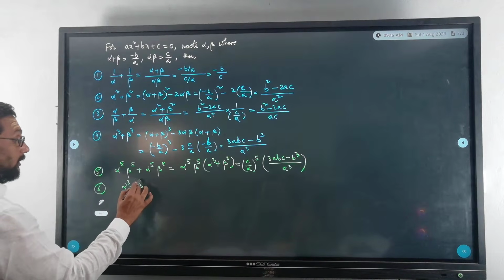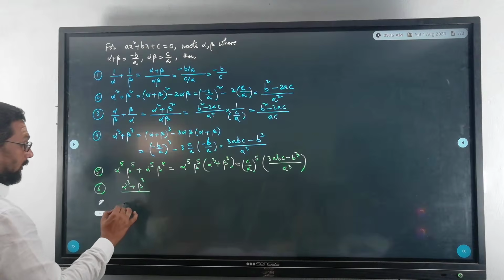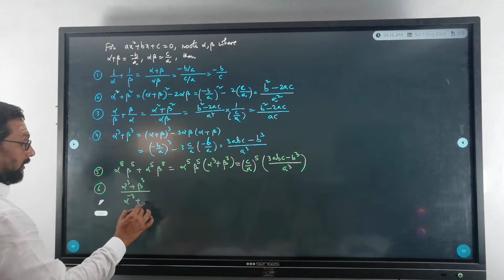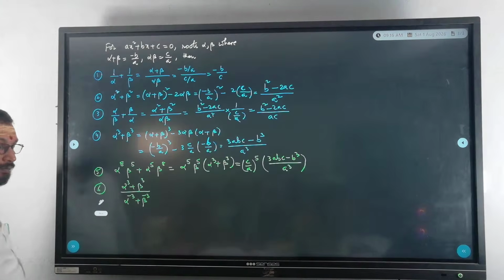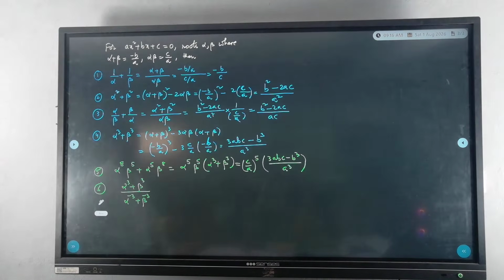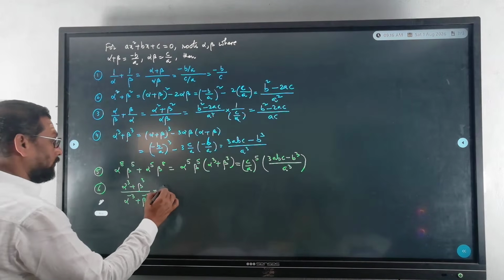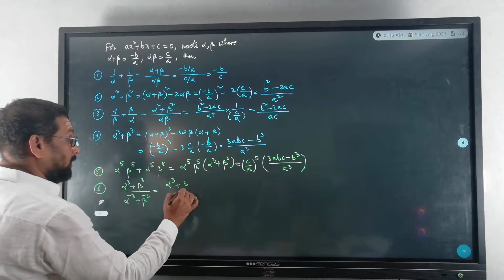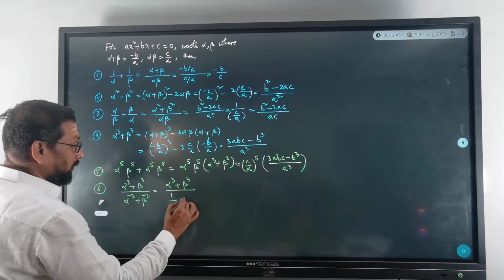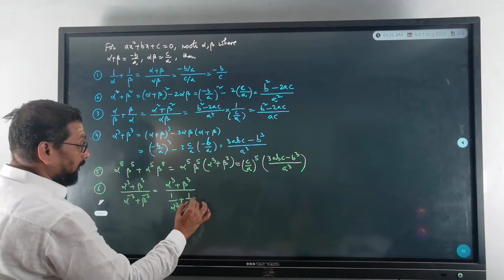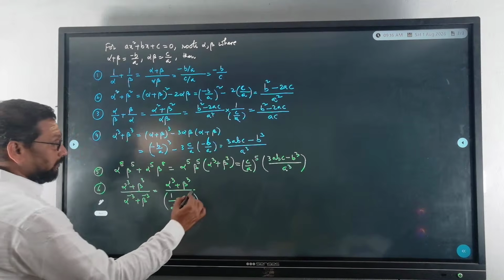Alpha cube plus beta cube by, this is 1 by alpha cube plus 1 by beta cube.